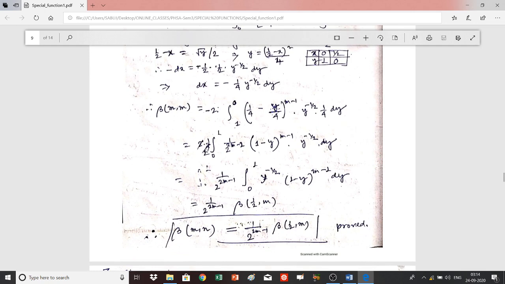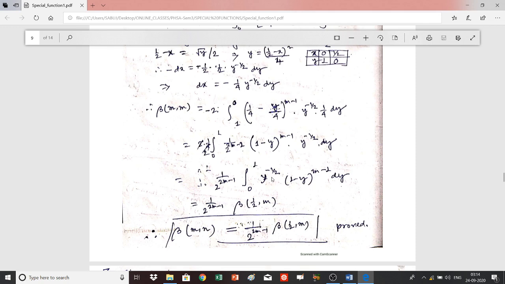So just cancel this 2 and this 2, and if we multiply this, that will give you 2 to the m minus 1, then 0 to 1, y to the power minus half, 1 minus y to the m minus 1 dy.